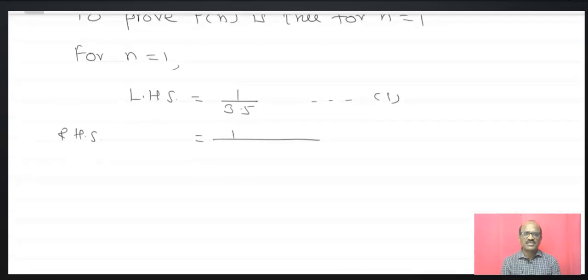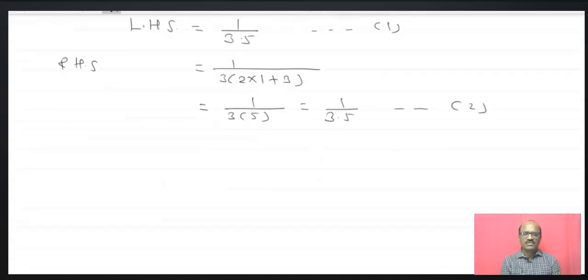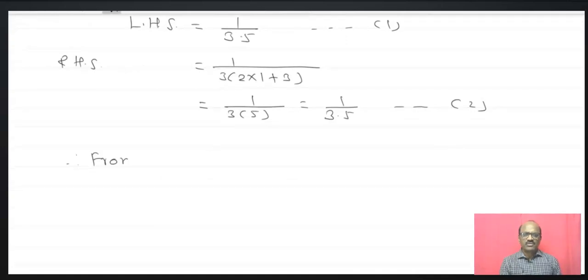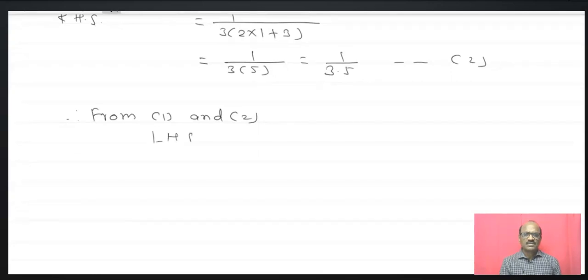Now consider the RHS. Substitute n is equal to 1, and after simplification you will get 1 upon 3.5. Therefore from 1 and 2, LHS is equal to RHS.